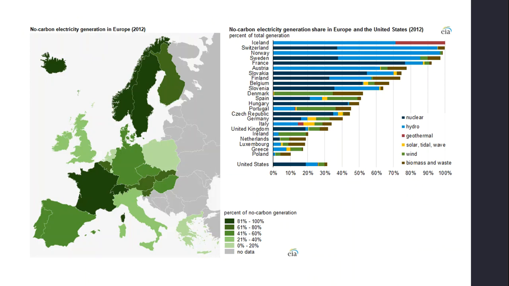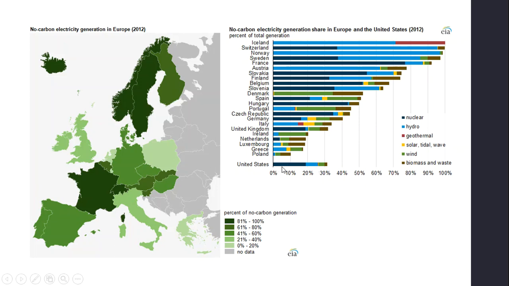And something else that I wanted to touch upon briefly, not really related to the physical geography, but the environment of Europe. Europe produces much more no carbon electricity, so burns a lot less fossil fuels than the United States does. Many countries, including Iceland, Switzerland, Norway, Sweden, France, are releasing way less emissions.